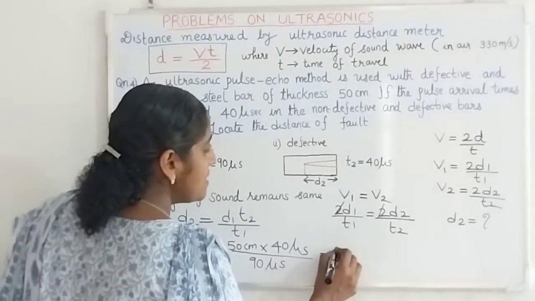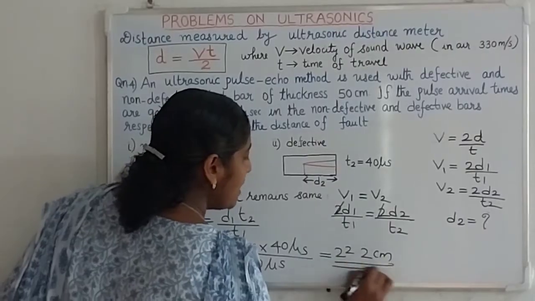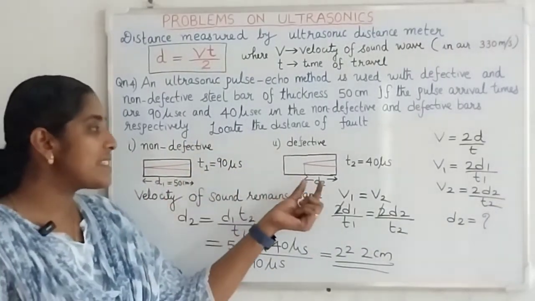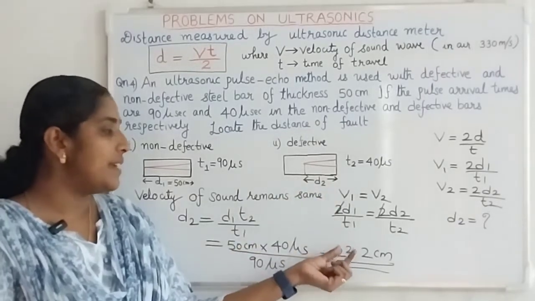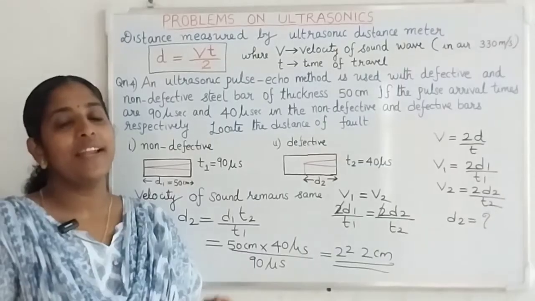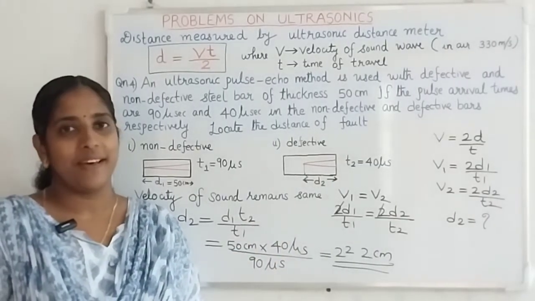On calculating, this is 22.2 centimeter. That is, in the 50 centimeter thickness steel bar, there is a defect at a distance of 22.2 centimeter from this end. So, ultrasonic beams are used to find out the defects in metal bars.